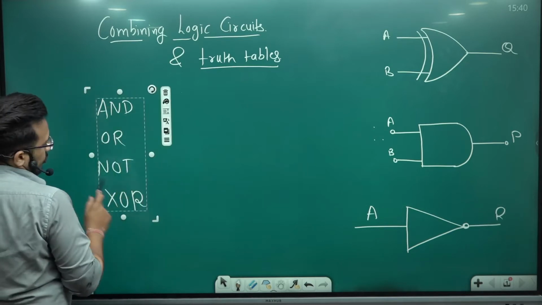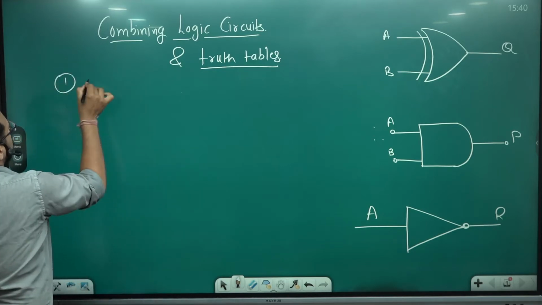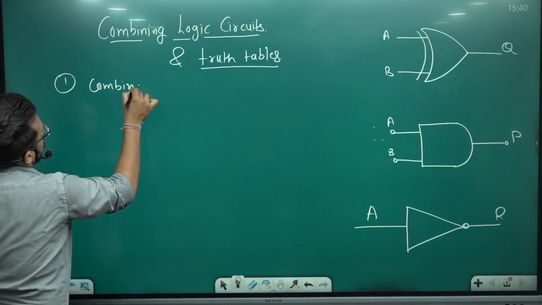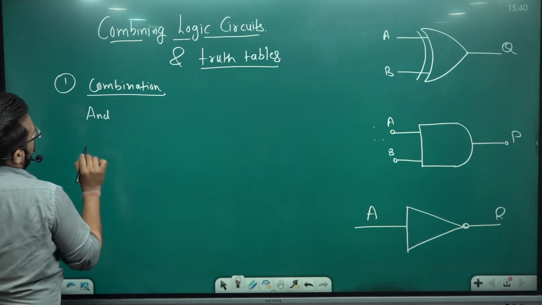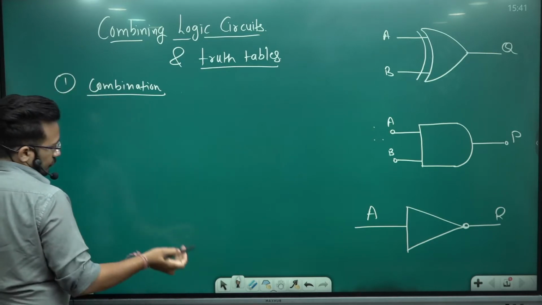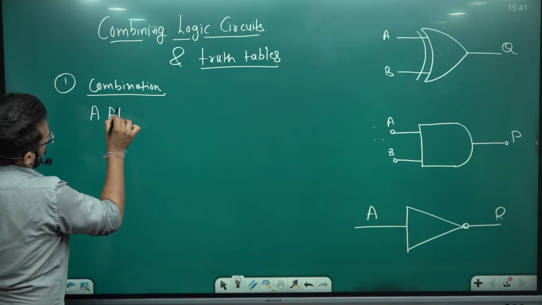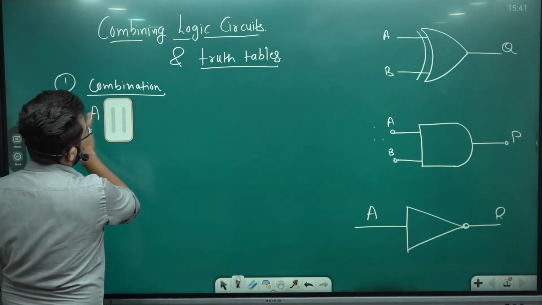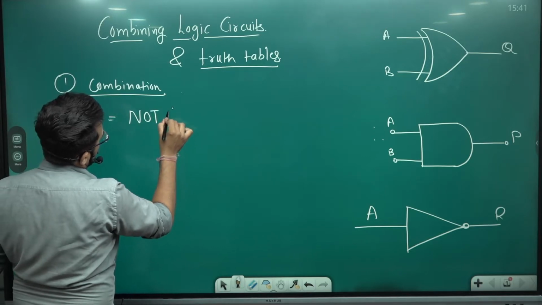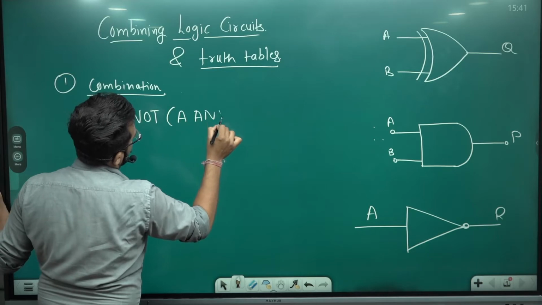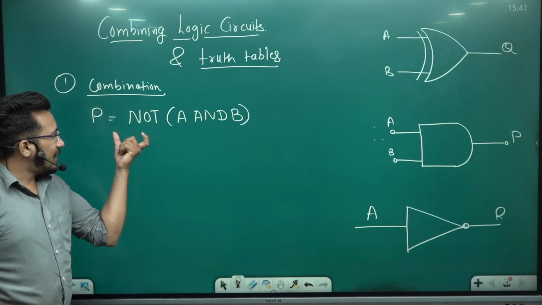Now, first combination. The first combination I gave you is NOT (A AND B).